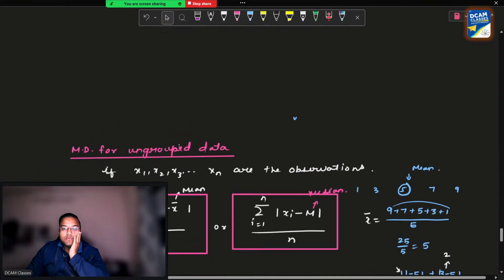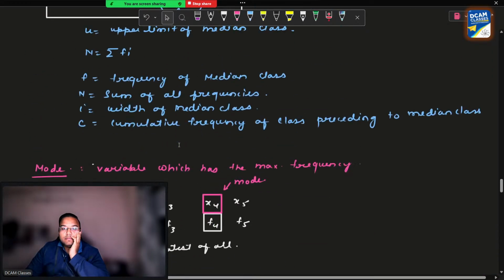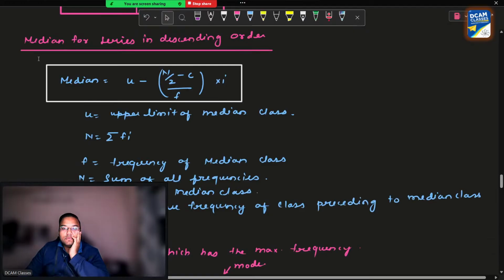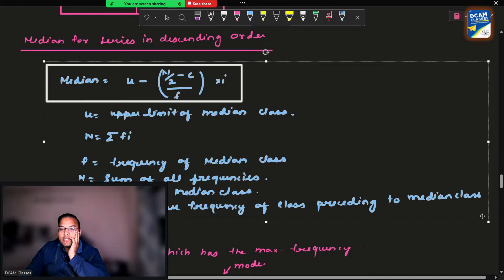Let me just copy that formula again for Kanishka. The rest she'll get confused. This is the formula for finding out the median.